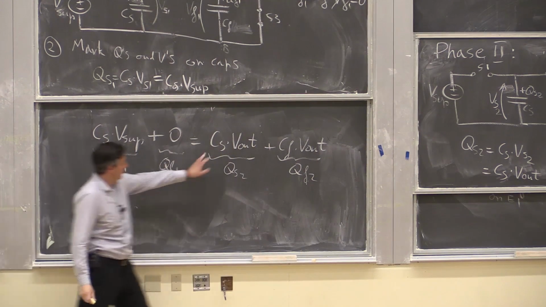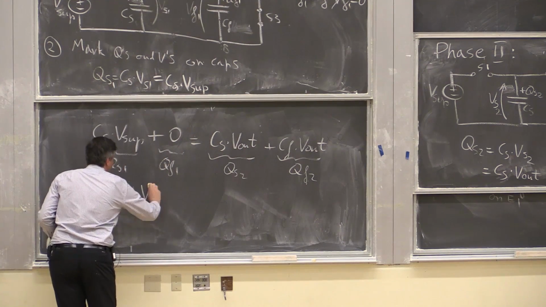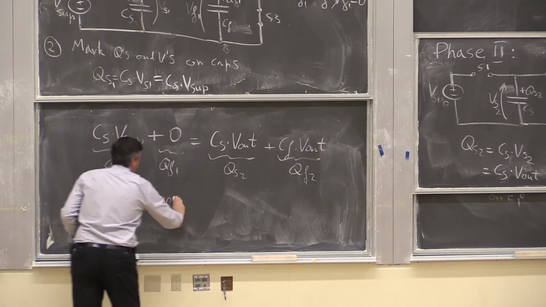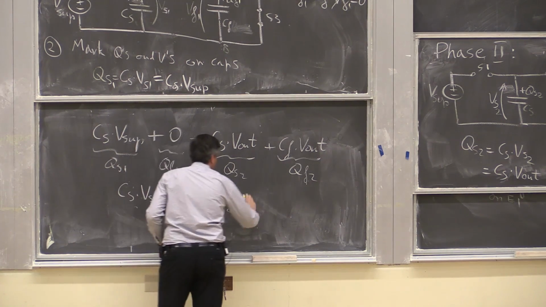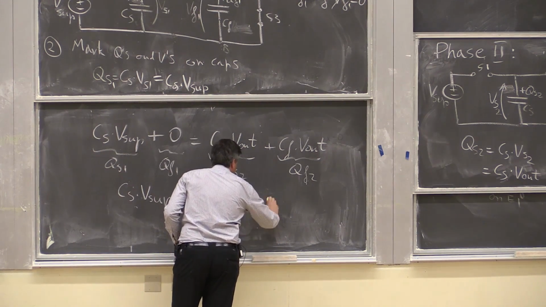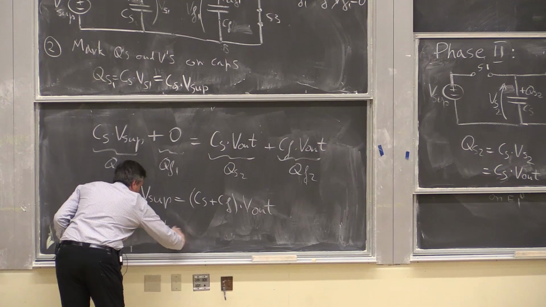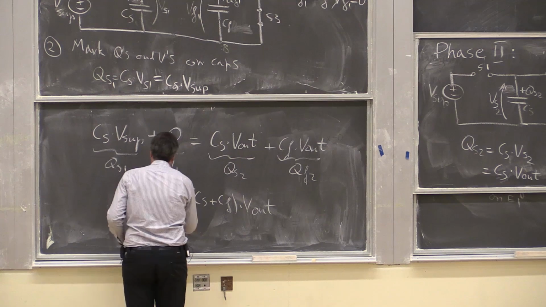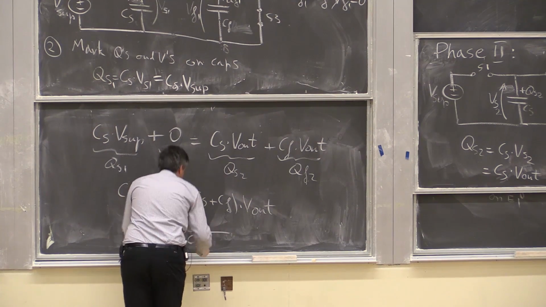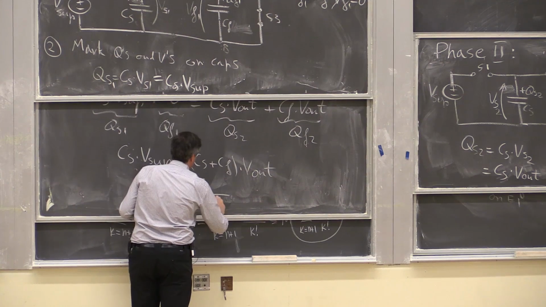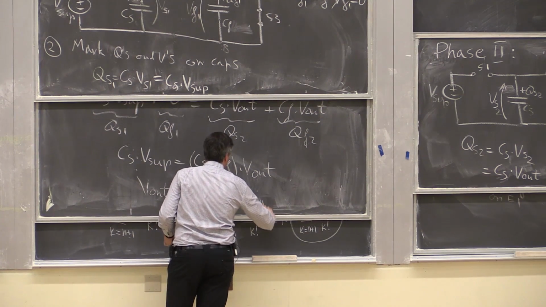Now you can group these two, so we get that CS times V supply equals CS plus CF times V out. From there we can write out V out, which is what we want: V out is CS over CS plus CF times V supply.